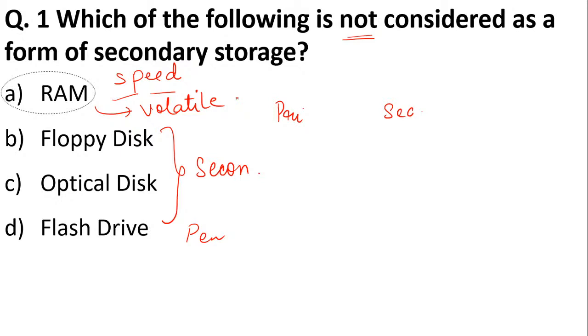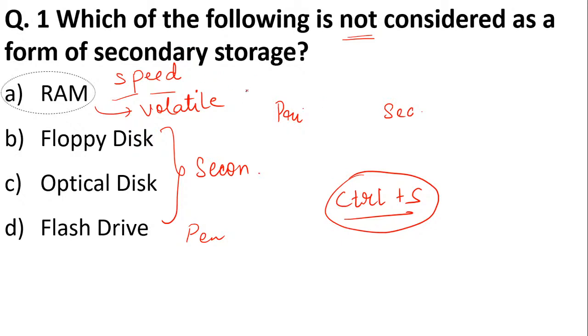Whatever programs are currently being run on your system open in the RAM. That is why it is called primary storage. If you do not save that data, it will vanish. Sometimes you might have seen, if you do not press Control plus S, which is short for saving, then your data will go, because it was there in your primary storage. I hope you guys got it.